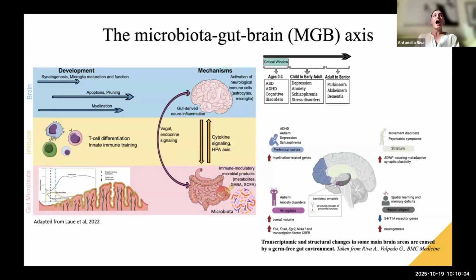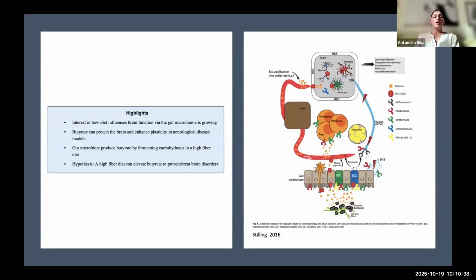And this is very important so we can understand how an altered microbiota can influence the formation of the central nervous system, giving the predisposition to the later development of autism spectrum disorders, for which the evidence of the link with the gut microbiota is very, very strong, or also ADHD, but also later in life depression or anxiety disorder.